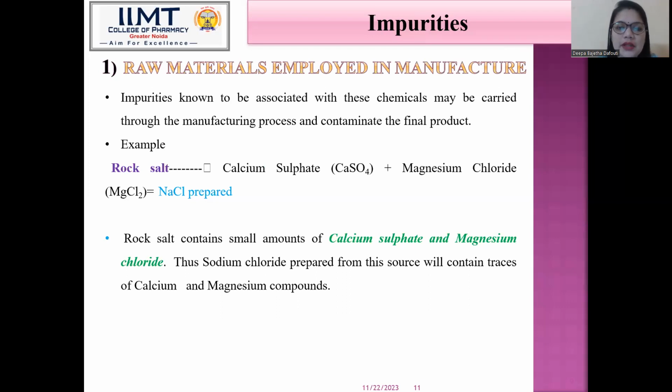NaCl is prepared from rock salt, which contains small amounts of calcium sulfate and magnesium chloride. Thus, sodium chloride prepared from this source will contain traces of calcium and magnesium compounds. So in NaCl, small amounts of calcium and magnesium impurities are present.